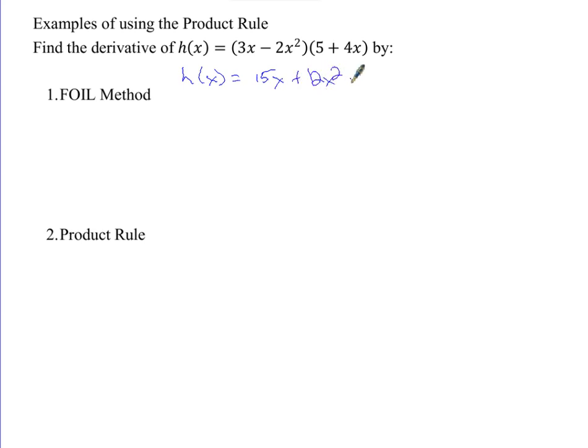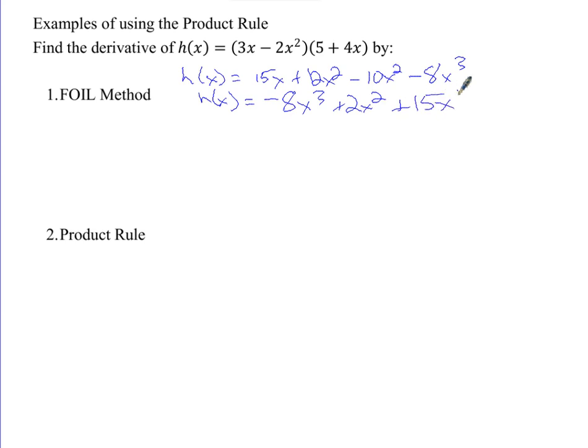And then we have minus 10x squared, and then minus 8x to the third. Combine like terms, write everything in descending order. So I get h of x equals negative 8x cubed plus 2x squared plus 15x.